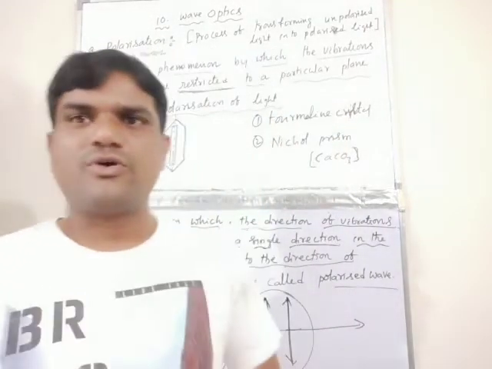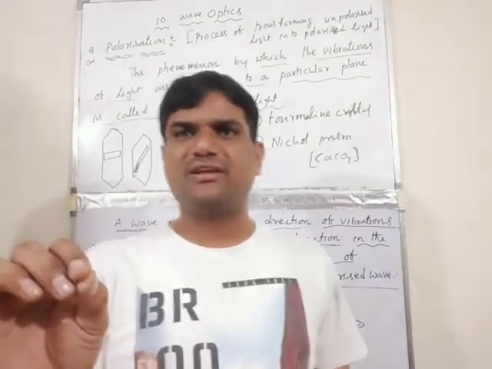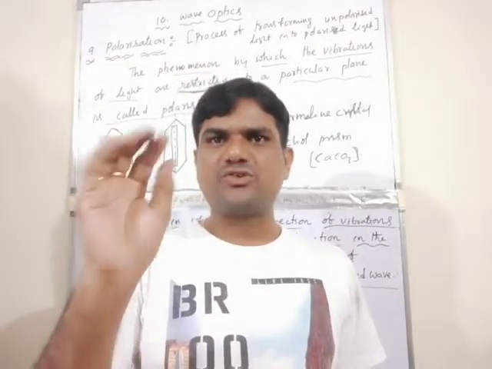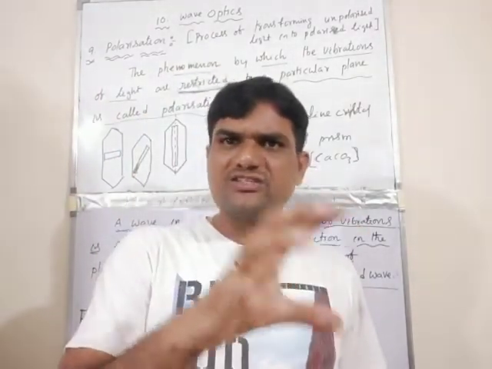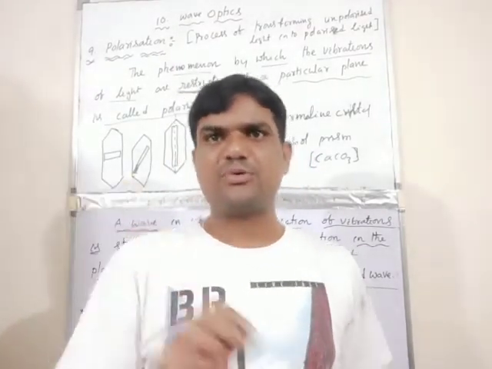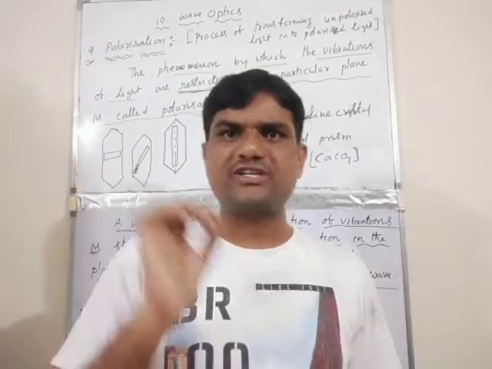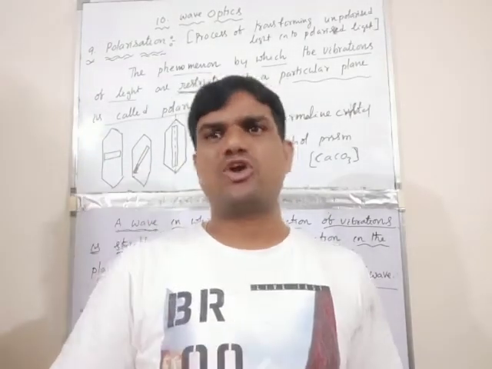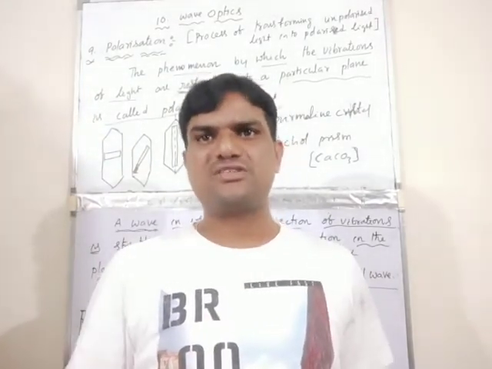So what is the meaning here? What is important? Unpolarized light is converted into polarized light. For that purpose, what is required? Polaroids are required. What is the meaning of Polaroids? Now I will give a small definition of Polaroids.